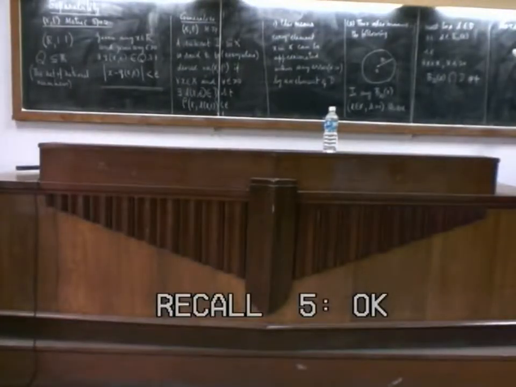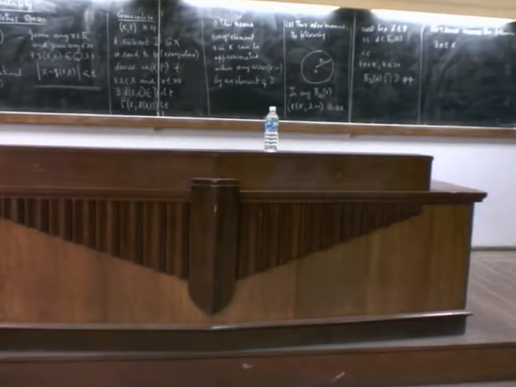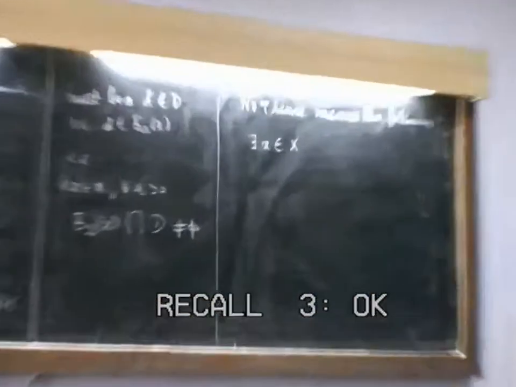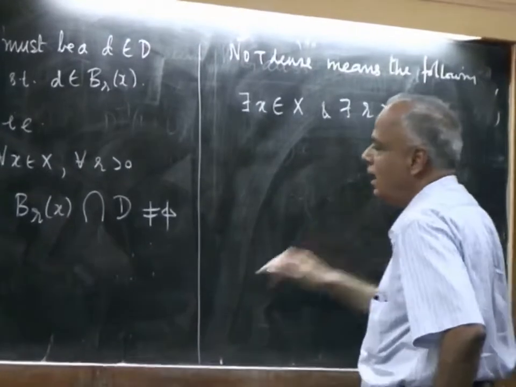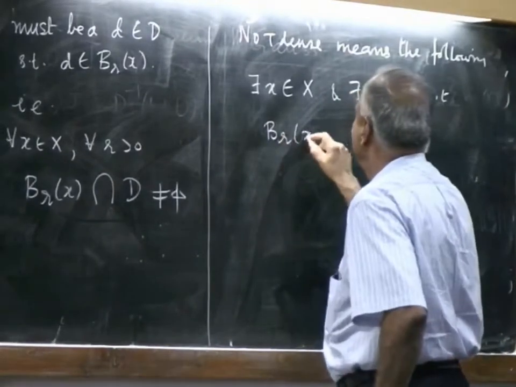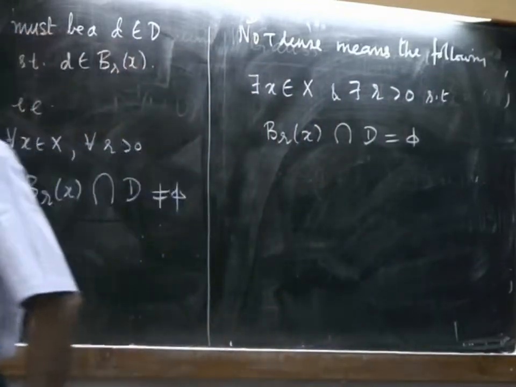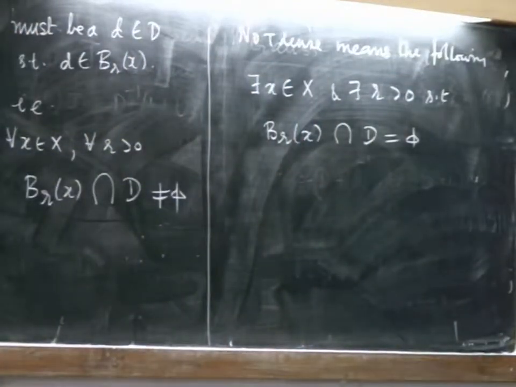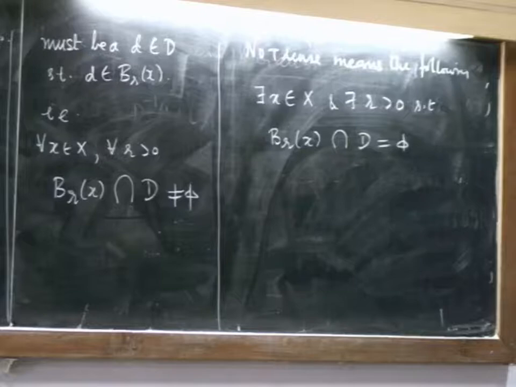There exists an x in X, and for every r positive something happens; the negation is that for some r it will fail. So there exists r greater than 0 such that this should not happen, so B_r(x) intersection D is equal to empty. So there is at least one small open ball which is free from the points of D. That is what is meant by not dense.